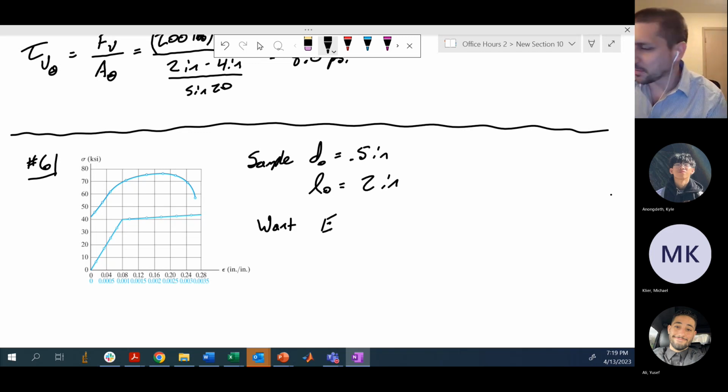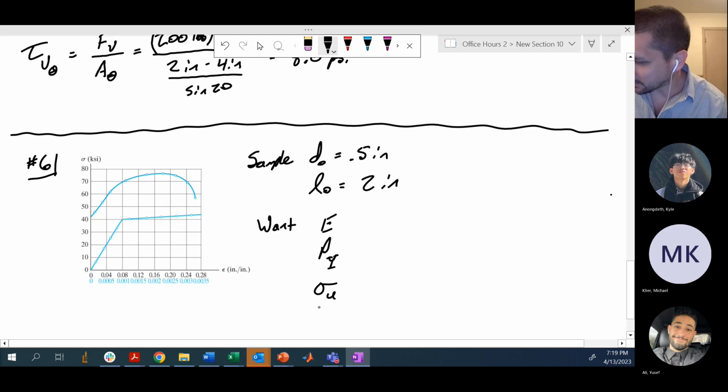We want the load on the specimen that causes yielding. So I'll label that as P capital Y, load at yield. And maybe let's pluck a couple other things on here just for fun. Let's say what's the ultimate stress and what's the breaking strain.